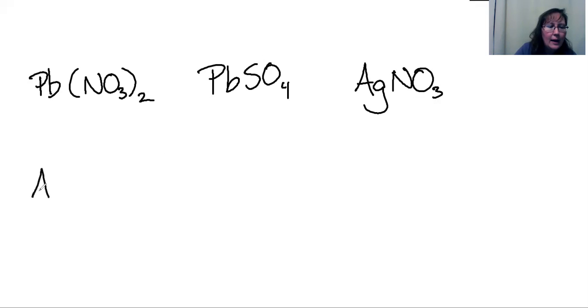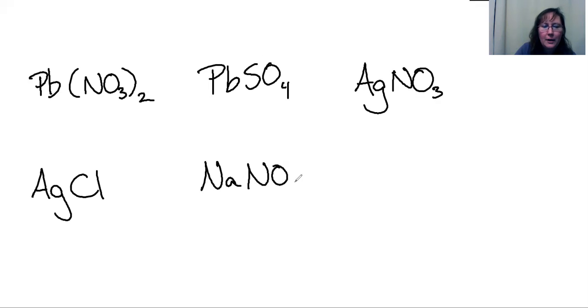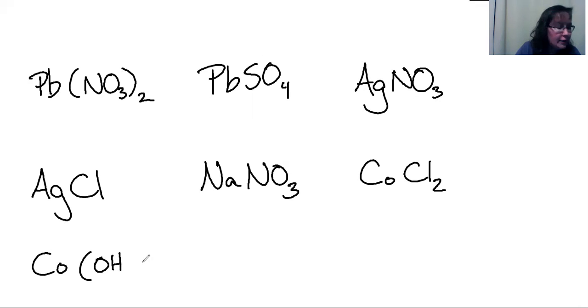Let's say that we have AgCl and our ever-present sodium nitrate. Let's look at cobalt 2 chloride, CoCl2. Let's look at a few other ones, and let's look at Co(OH)2.